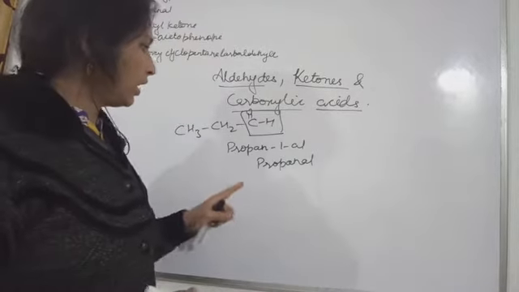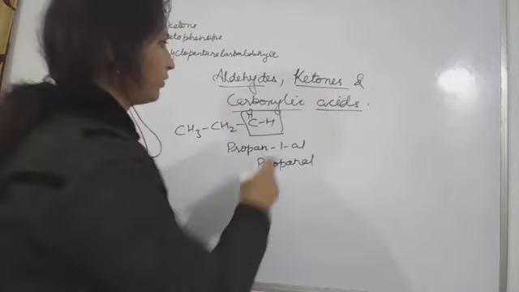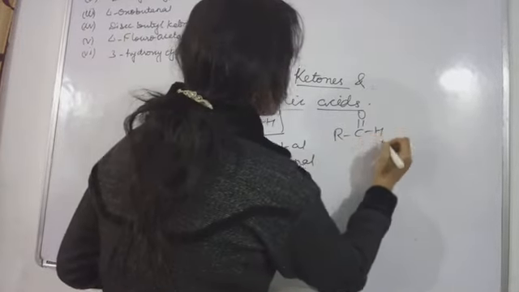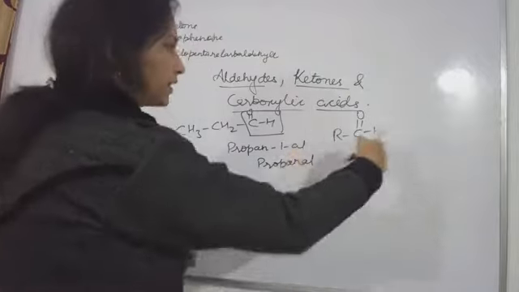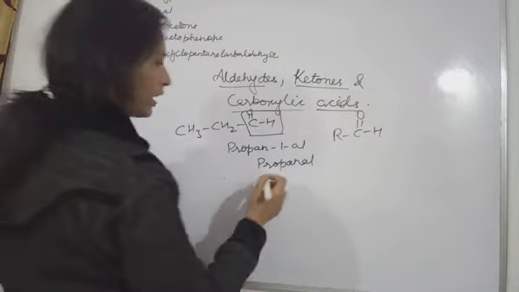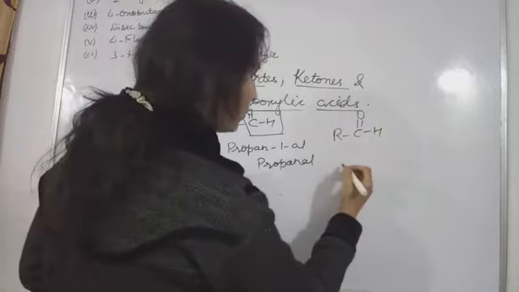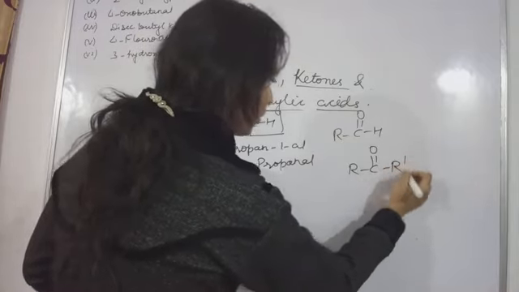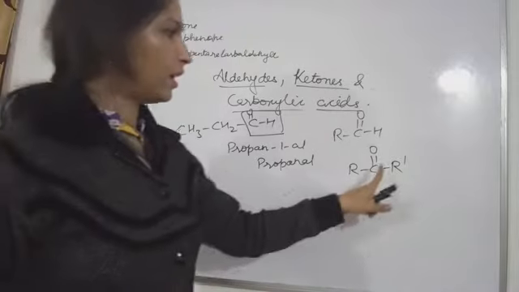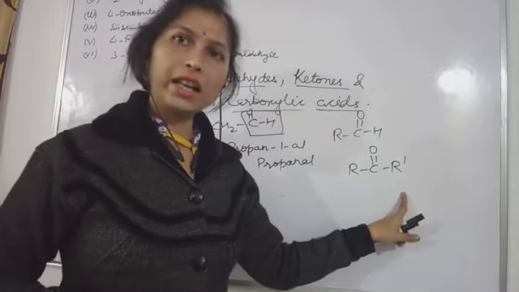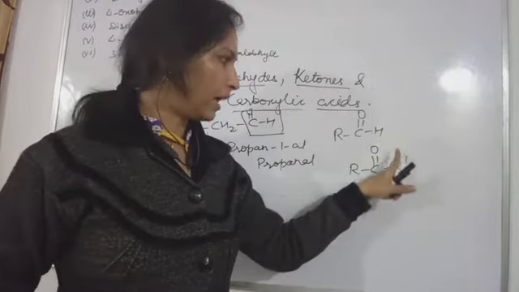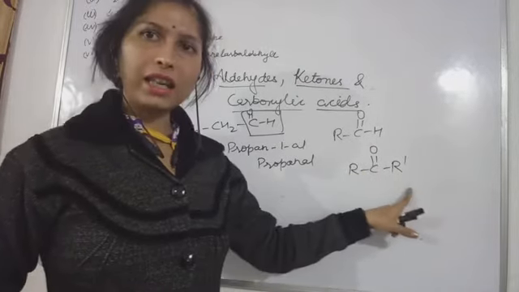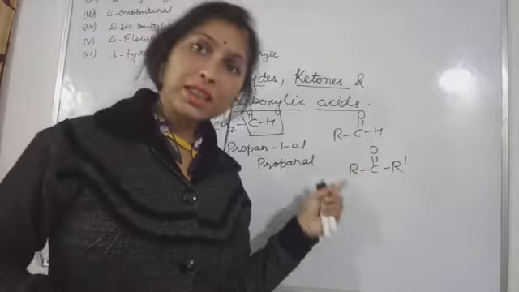Like this we name the aldehyde group. The general formula for the aldehyde group is R CHO. If you are asked to name a ketonic group, this is the general formula for a ketone: R and R dash. R and R dash are alkyl groups, which may or may not be the same.